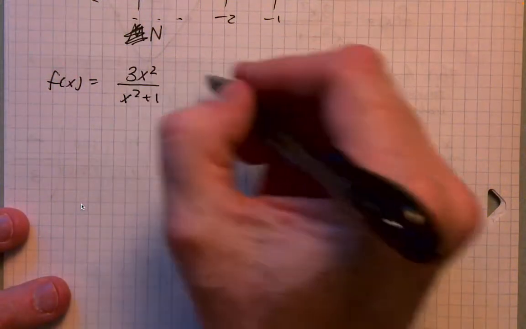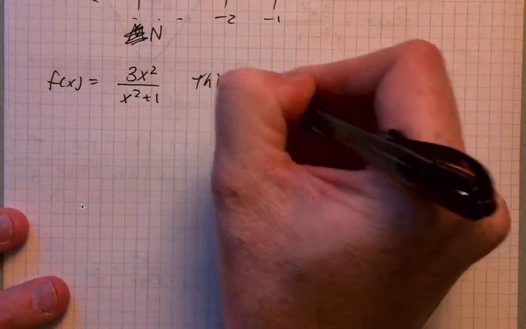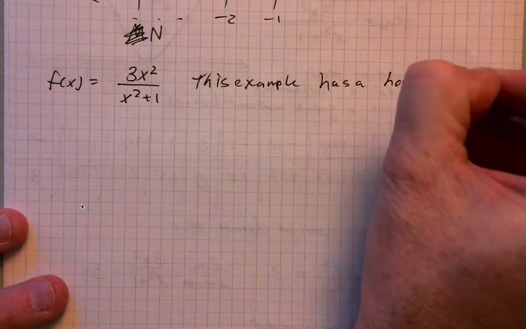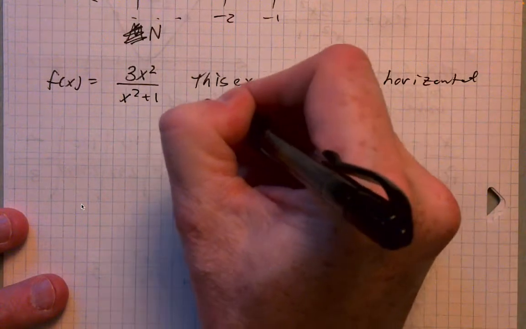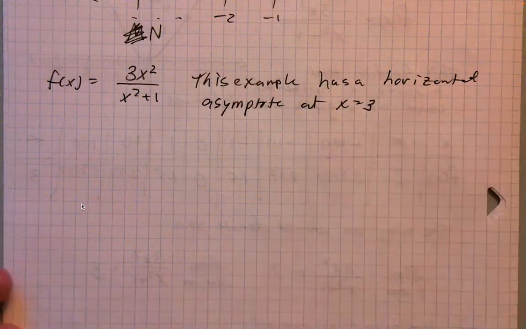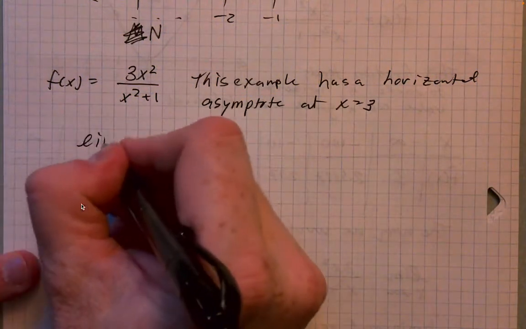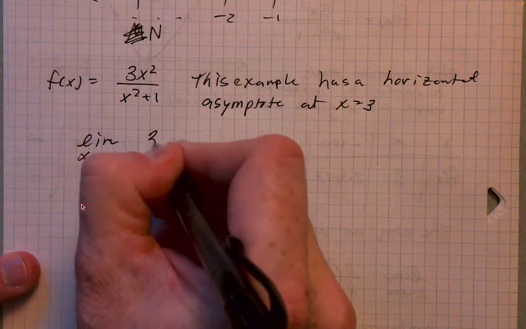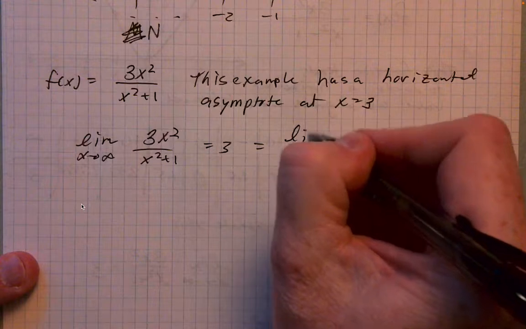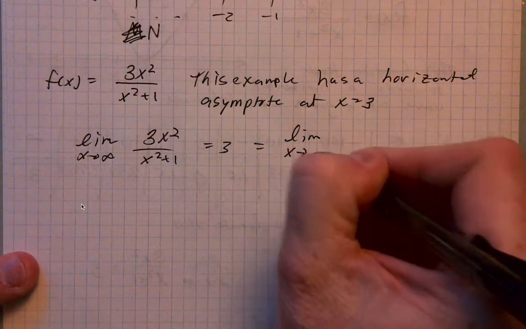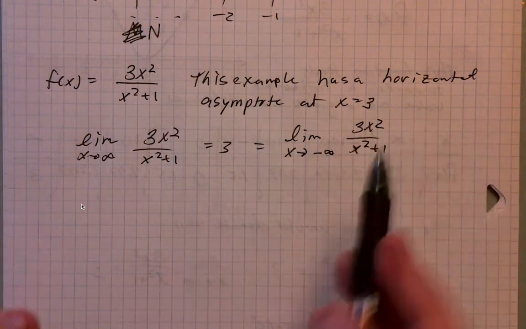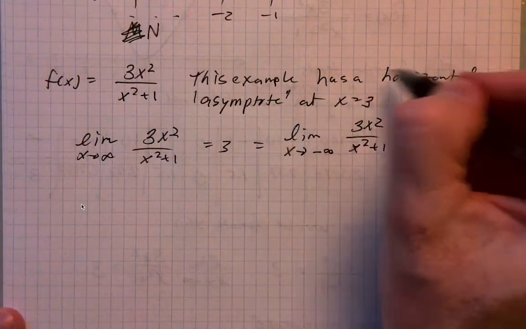So this example has a horizontal asymptote at y equals 3, right? And we said there that the limit as x approached infinity of 3x squared over x squared plus 1 was equal to 3, which is the same for the negative direction as well, right? So this is an example of a horizontal asymptote.